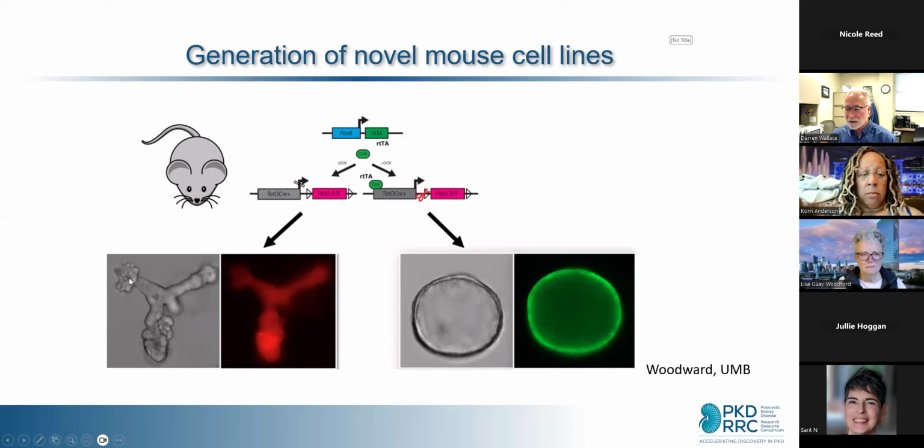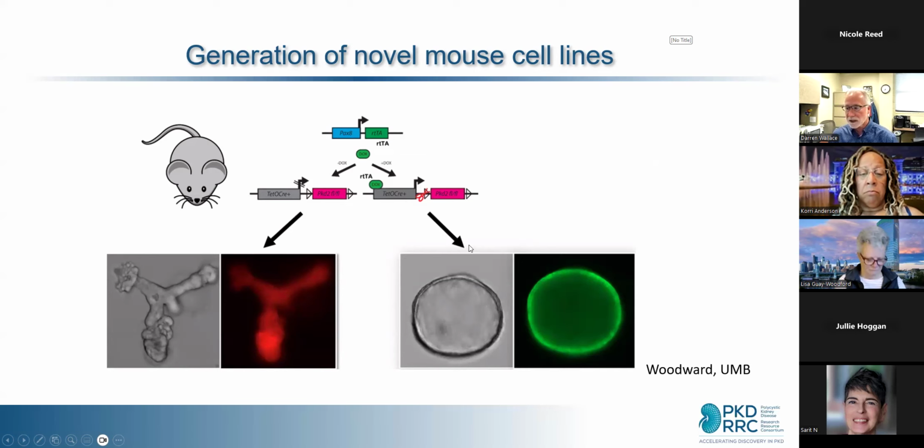And what he found is that those cells that are expressing polycystin 2, when you put them in collagen, actually have the capability of forming tubule-like structures. But then if you add the doxycycline and knock out the PKD2 gene, the cells become green, and these cells actually form cysts.